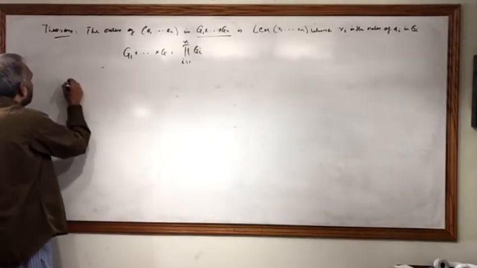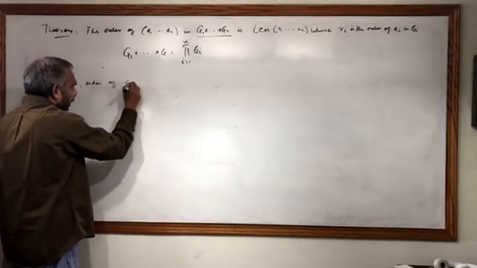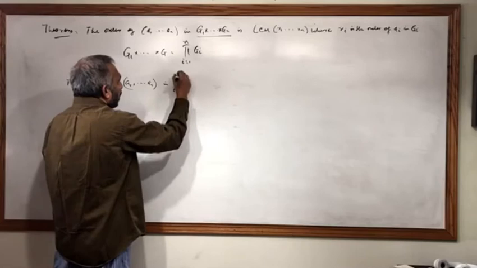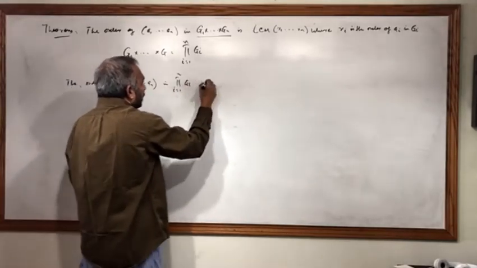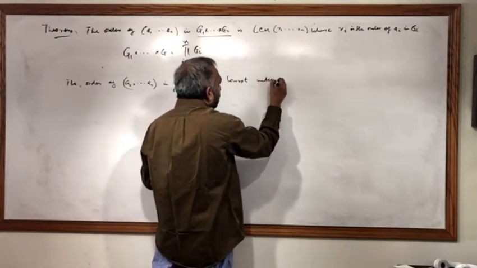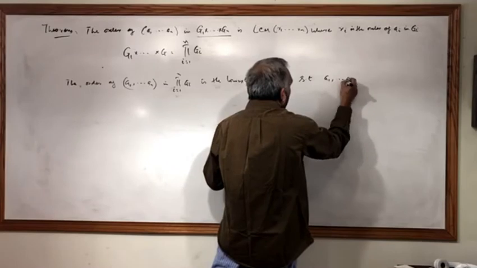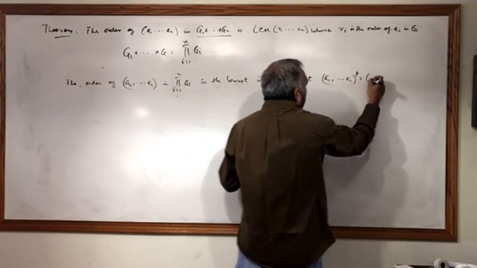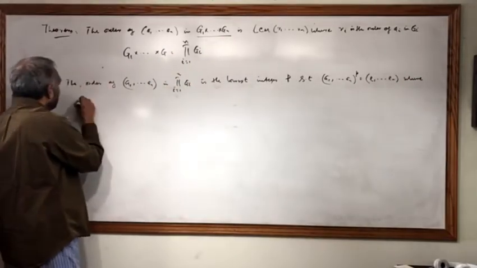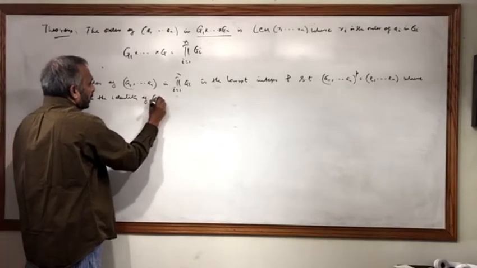So the order of (a1, dash, an) in this product is the lowest integer p such that (a1, dash, an) to the power of p is equal to (e1, dash, en), where ei is the identity of Gi.